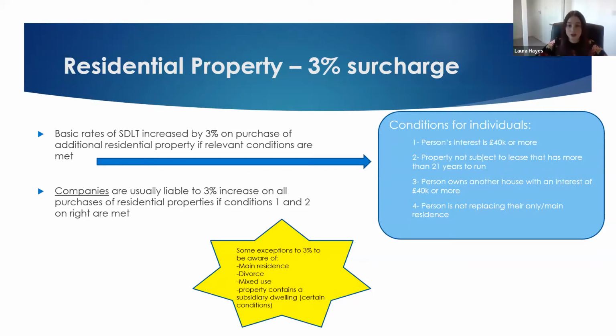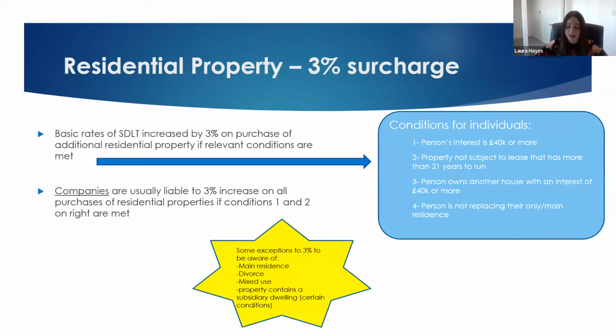For individuals, I've put those in the box on the side there, and briefly they are where the person's interest is £40,000 or more, the property is not subject to a lease that has more than 21 years to run, the person owns another house with an interest of £40,000 or more, and the person is not replacing their only or main residence. Companies are usually liable to the 3% increase on all purchases of residential properties if conditions 1 and 2 in that box on the right are met.